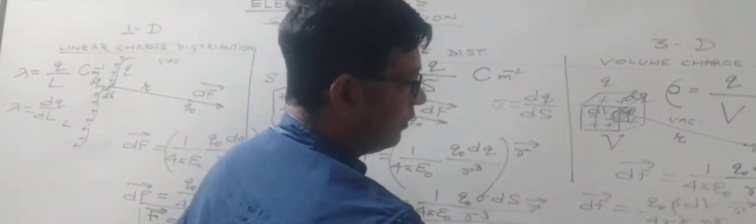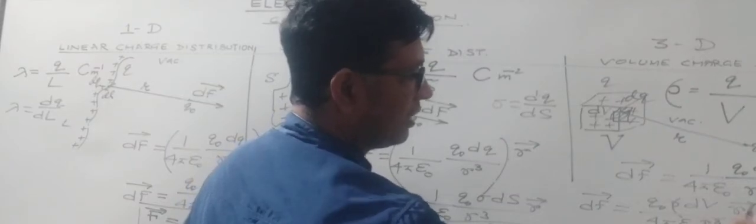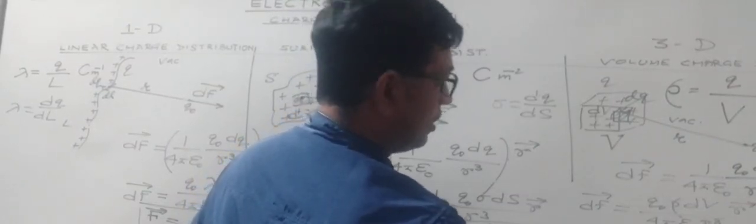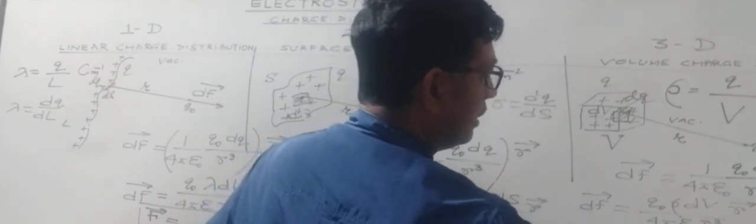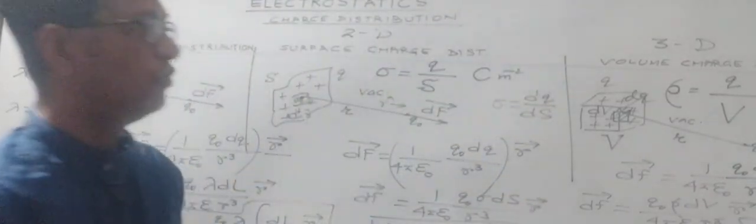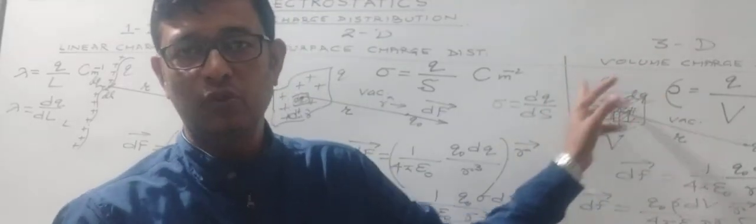Right? Over here, due to volume charge distribution, it would be given by again integrating the same thing. 4 pi epsilon r cube. It will be dV by r cube r vector. So this is the expression for the force experienced by charge Q naught due to this volume charge distribution.